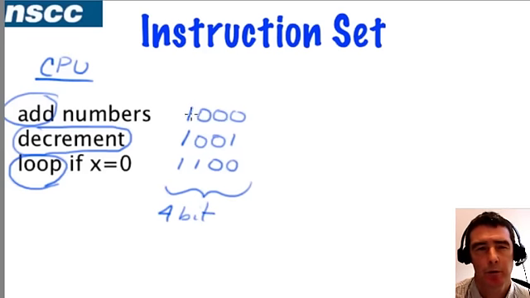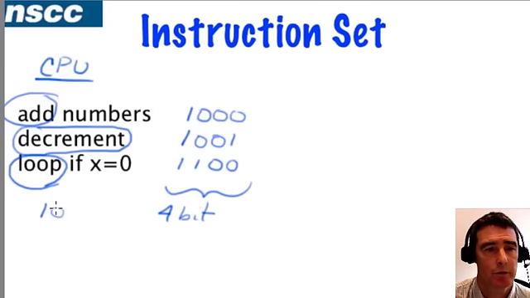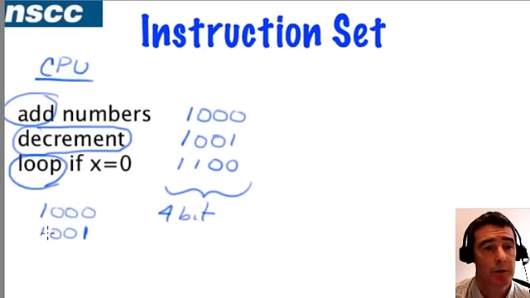Some instructions may be longer than just 4 bits. If I'm adding a number, I may want to put the number alongside it. So my whole instruction might be add, but then I might have a 4-bit number for the number that I want to add. So this is the number 9. So this might be add 9 to something.